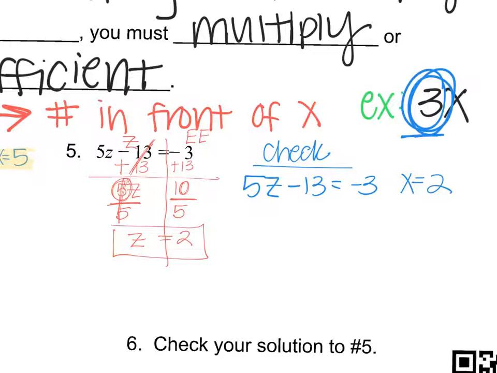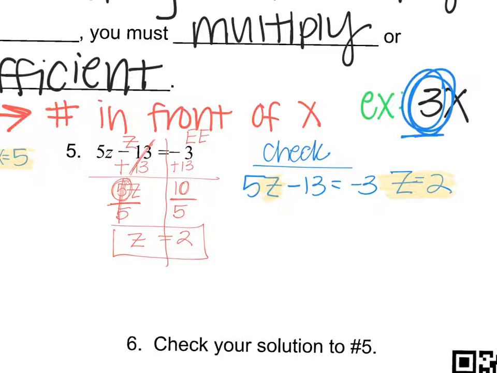So everywhere I see a z, oh, see, I did it. That is supposed to be a z. There we go. My bad. Okay, so everywhere we see a z, we're plugging in a 2.